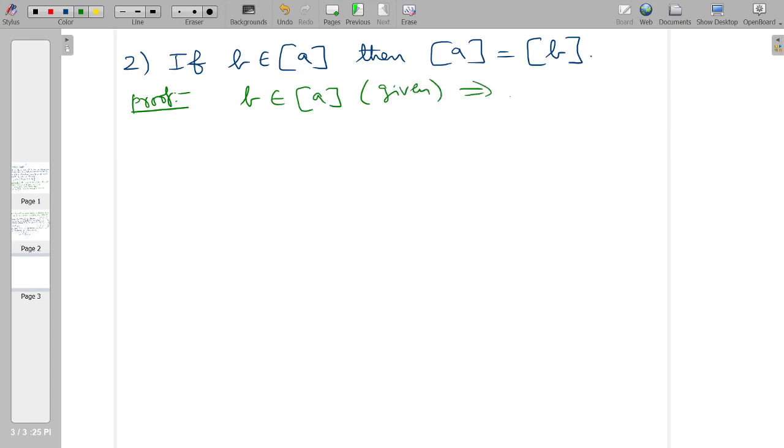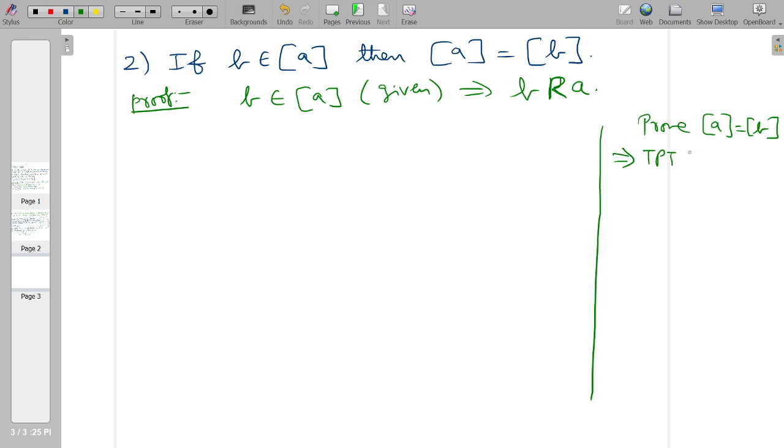So you get B is related to A. What I have to prove is that the equivalence class of A is equal to the equivalence class of B. This equivalence class is basically a set, so, as we do for equality of two sets, you have to prove that the equivalence class of A is contained in the equivalence class of B, and the equivalence class of B is contained in the equivalence class of A. When I prove these two, I get that the equivalence class of A is equal to the equivalence class of B.